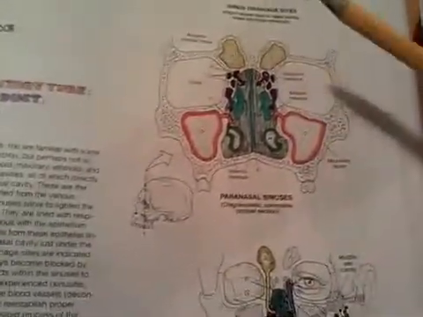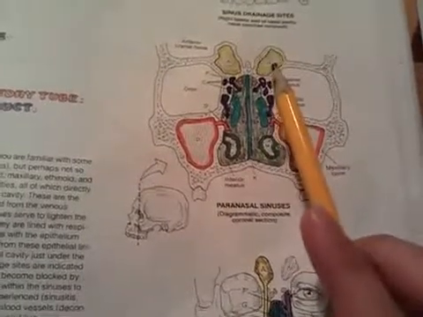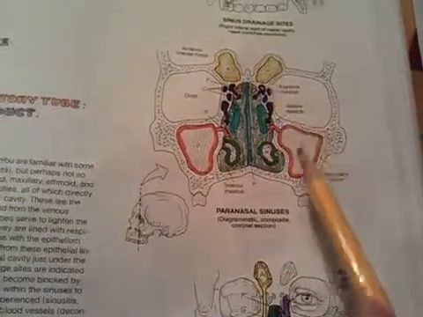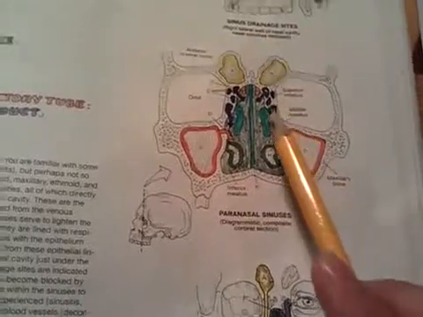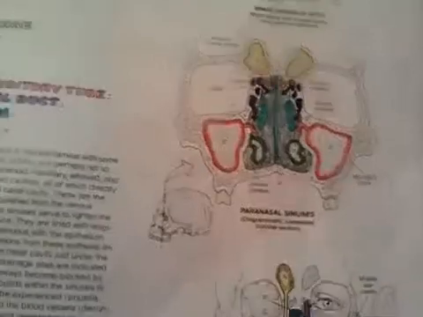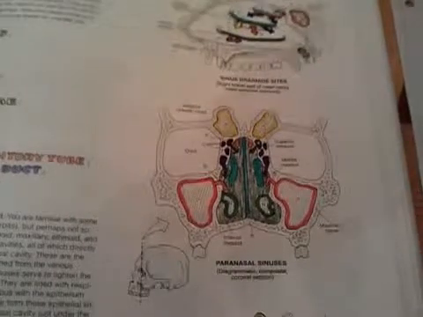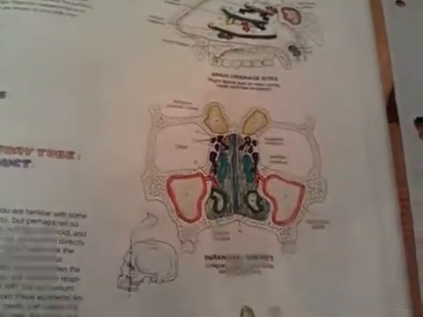Here you can see a coronal section, frontal, maxillary, ethmoid, and then sphenoid is back here. Here you have the orbits with the eyes, and yeah, nasal cavity.